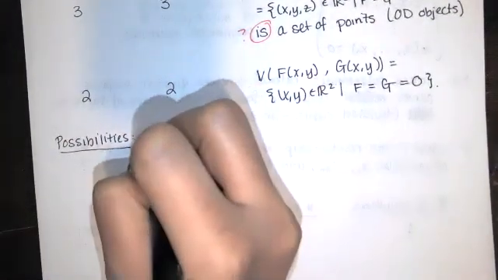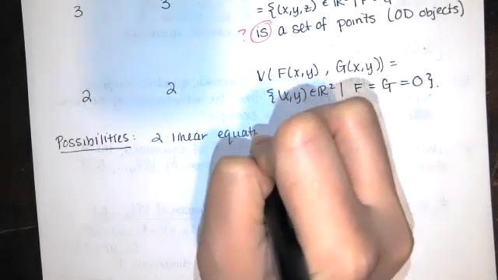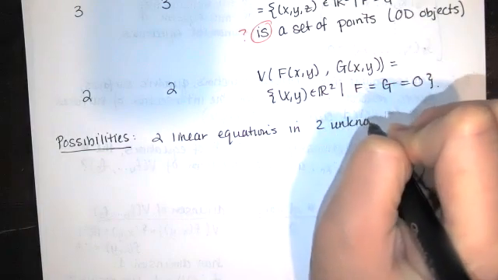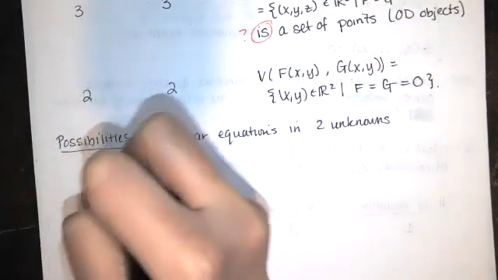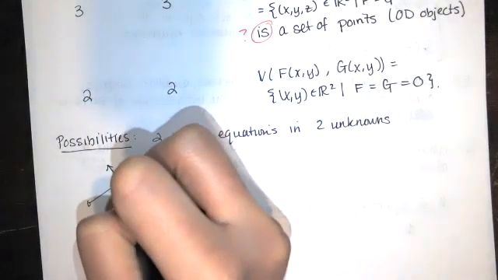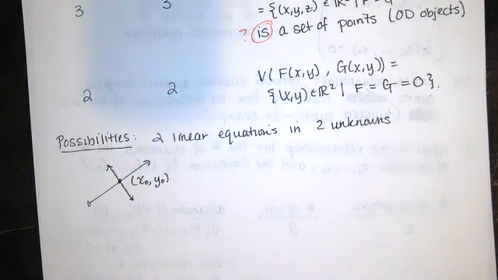If we have 2 linear equations and 2 unknowns, you might have a single solution. That's a possibility. Single point of intersection of those 2 lines.